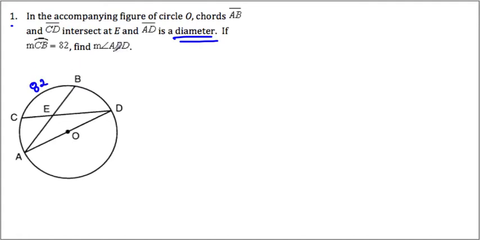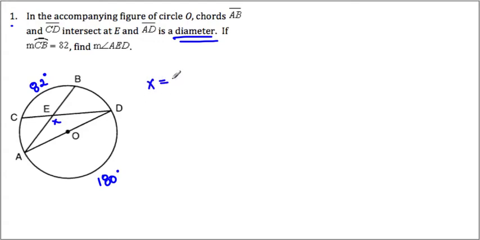And then they want us to find the measure of angle AED. They're looking for this angle. Why don't I call that X? Notice, we can find the measure of this angle as soon as we realize about this angle here. Since this half of the circle is 180 degrees, and this one is 82 degrees, one of the ways to figure out the measure of angle X is simply this.